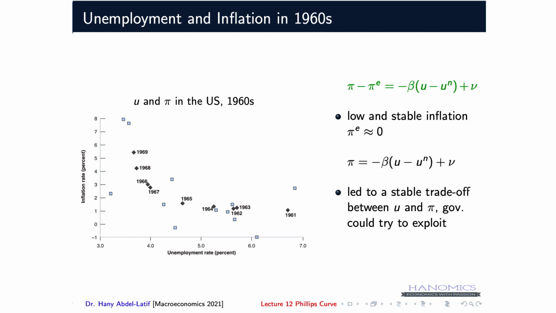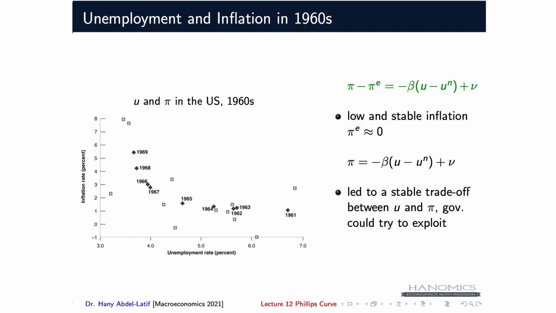So that was the 1960s. I'm trying to give more insight, or an explanation, of why there seemed to be a stable relationship, or a straightforward trade-off between inflation and unemployment at that point.